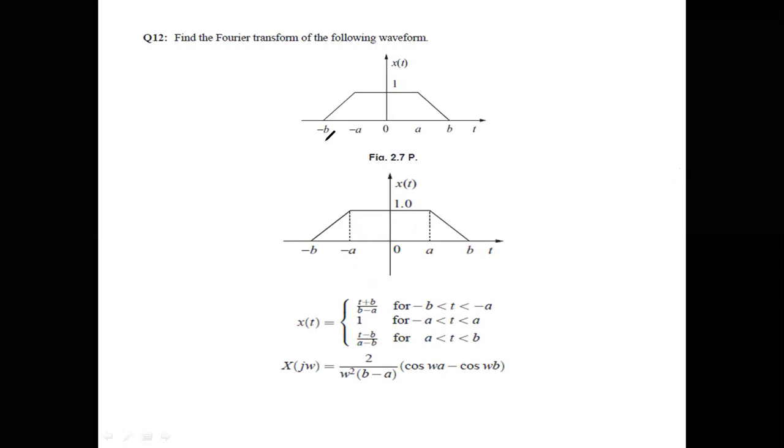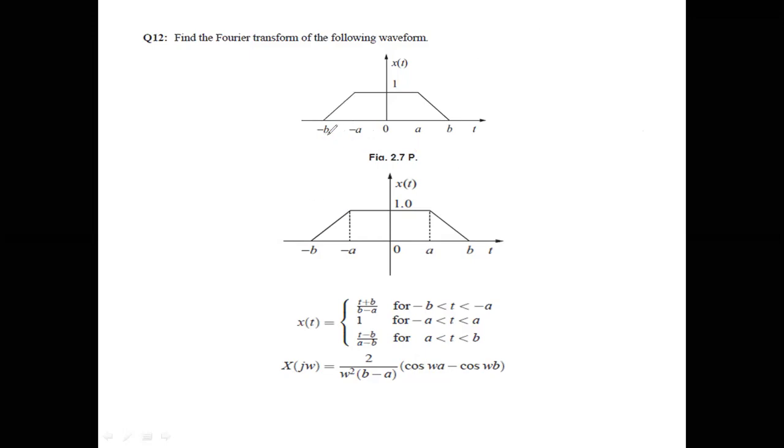One stage is from minus b to minus a, another stage is from minus a to a, and the last stage is from a to b. For these 3 stages, you have to find the expression of the signal x of t from the given graphical representation. Then after that you can find X of j omega or X of omega, nothing but the Fourier transform.